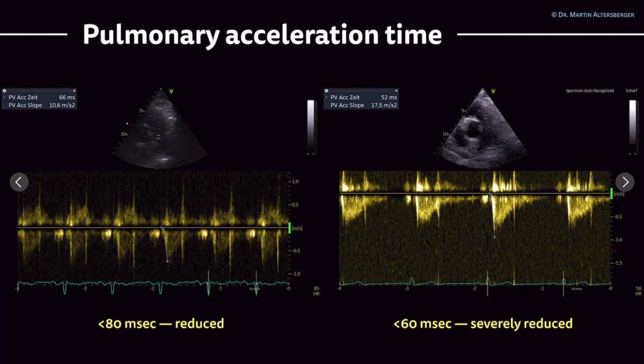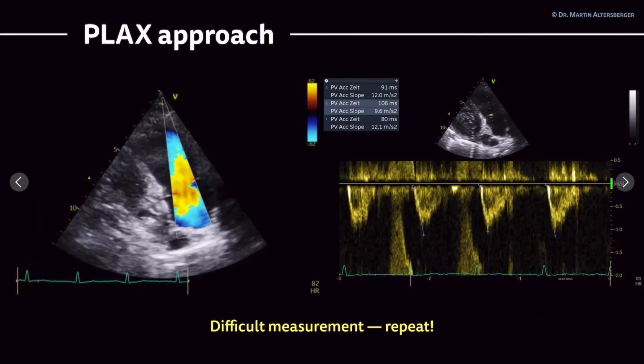You cannot differentiate the grading, so you cannot say it is for sure severe pulmonary hypertension, but you can say that it is more likely present the shorter the pulmonary acceleration time gets. Furthermore, you cannot differentiate primary or secondary pulmonary hypertension, but you can again get the information that this might be the problem of the patient.